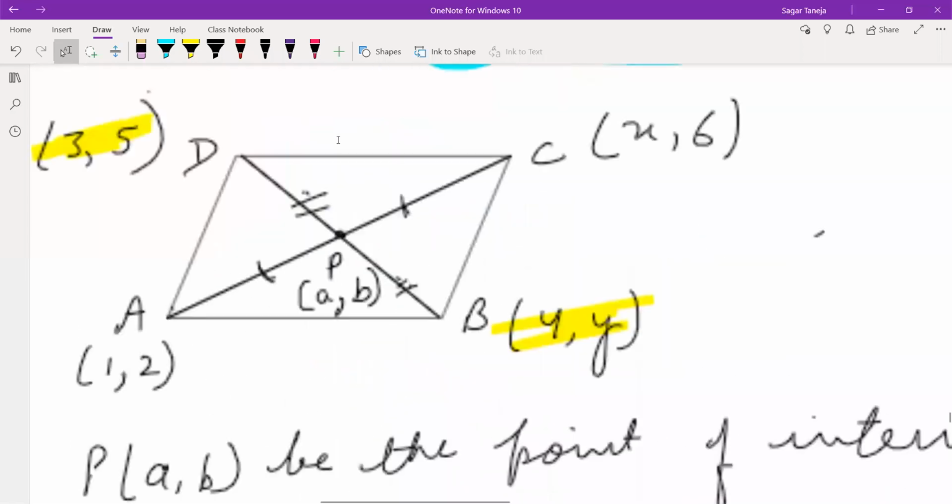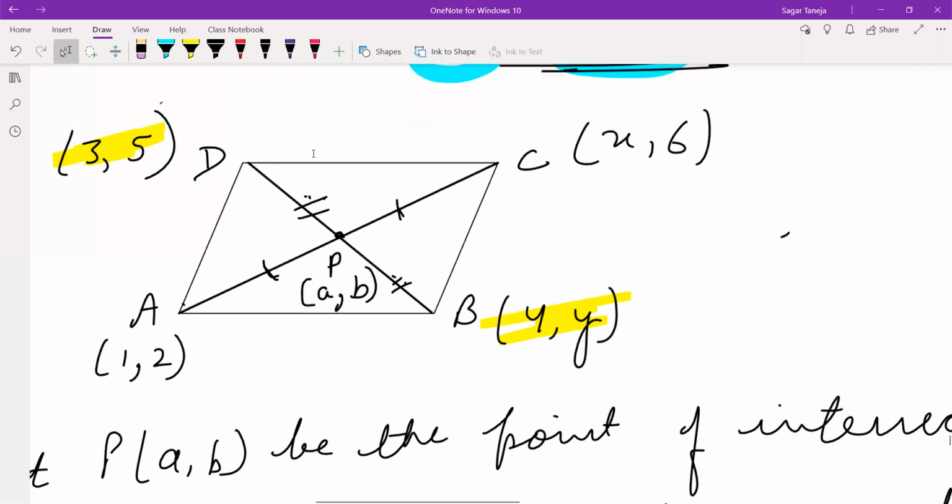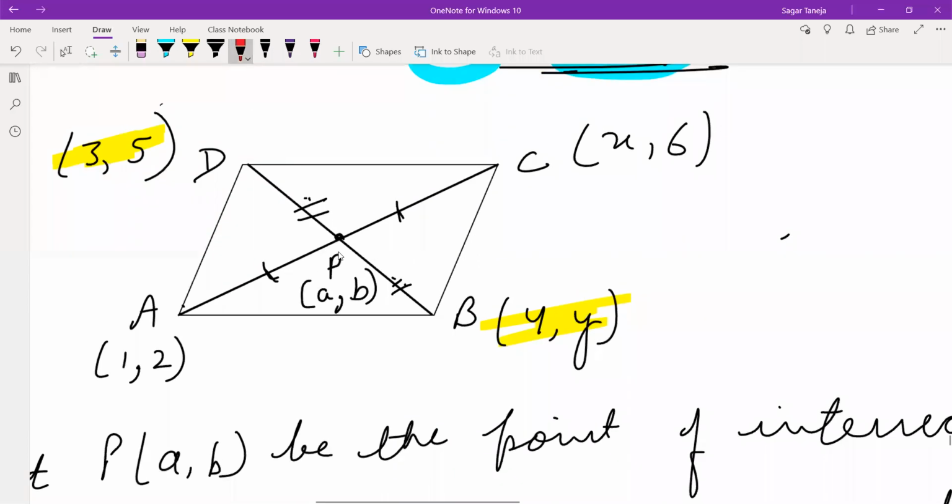Right. See this once. DB is bisecting AC and AC is bisecting DB. So if these two lines are bisecting each other, it means this point P is the midpoint of AC because AP is equal to PC. This you know better. You have done this part in ninth too many times, in quadrilaterals, in triangles, and in many chapters.